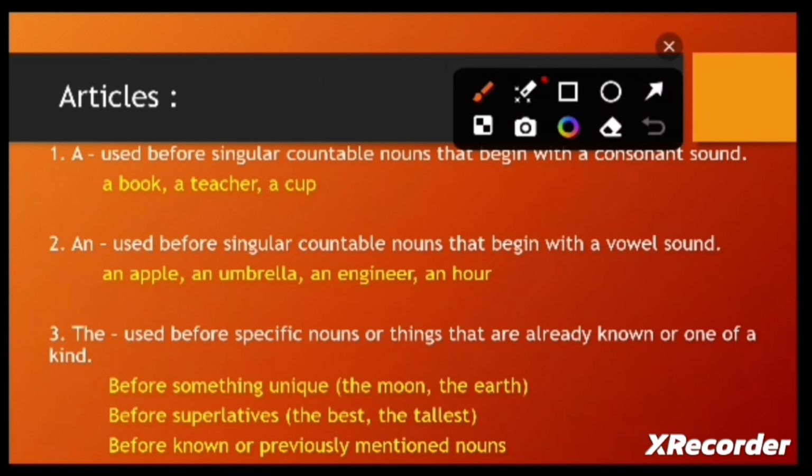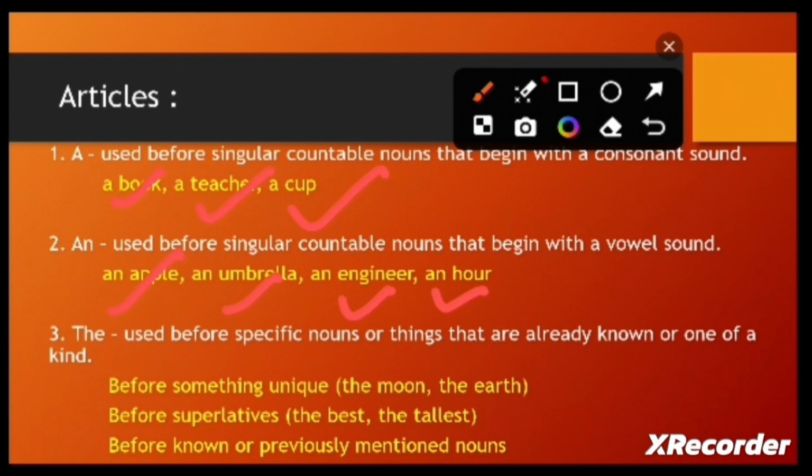For example, a book, a teacher, a cup. Next, we have the article an, used before a singular countable noun that begins with a vowel sound. For example, an apple, an umbrella, an engineer, an hour.